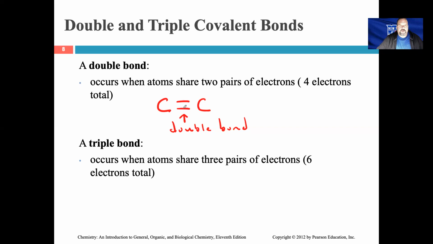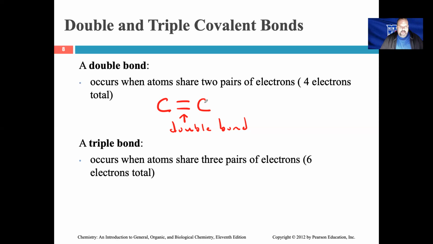So you'd have 2 electrons here, 2 electrons here. These 4 electrons, remember, shared electrons count for both atoms sharing them. So these 4 electrons would not only count for this carbon, they would also count for that carbon. So when atoms share 2 pairs of electrons between them, 4 electrons total, you have what is known as a double bond.